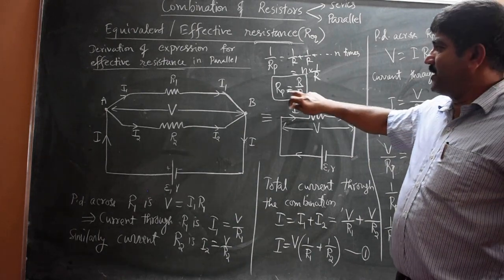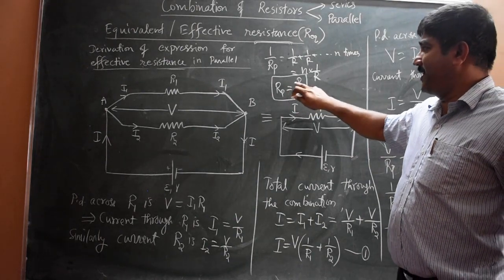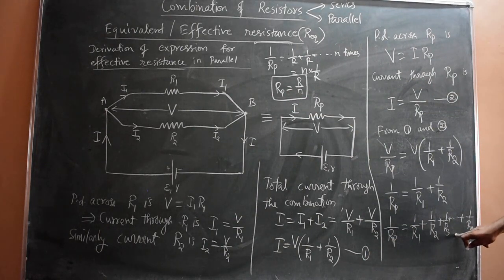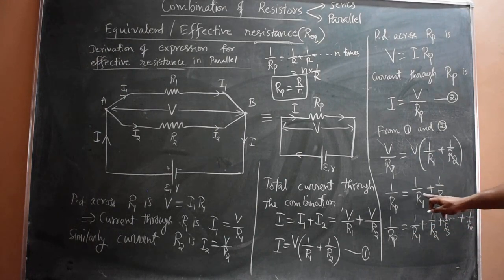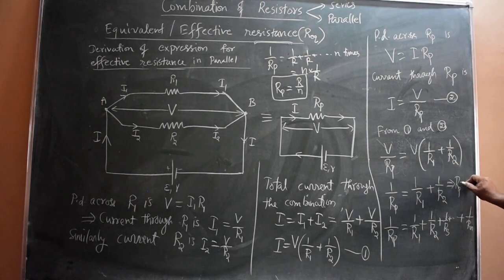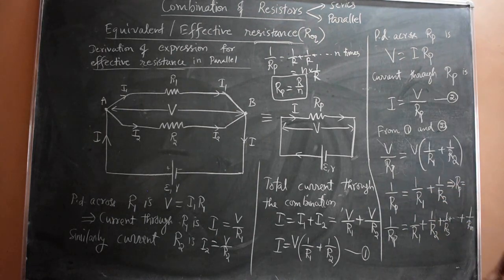So this is the general rule for n identical resistors, and this is the rule for n resistors of different values. And for two resistors we can take LCM and write Rp equal to: it is 1 by R1 plus 1 by R2, take LCM R1 R2, numerator will be R2 plus R1.